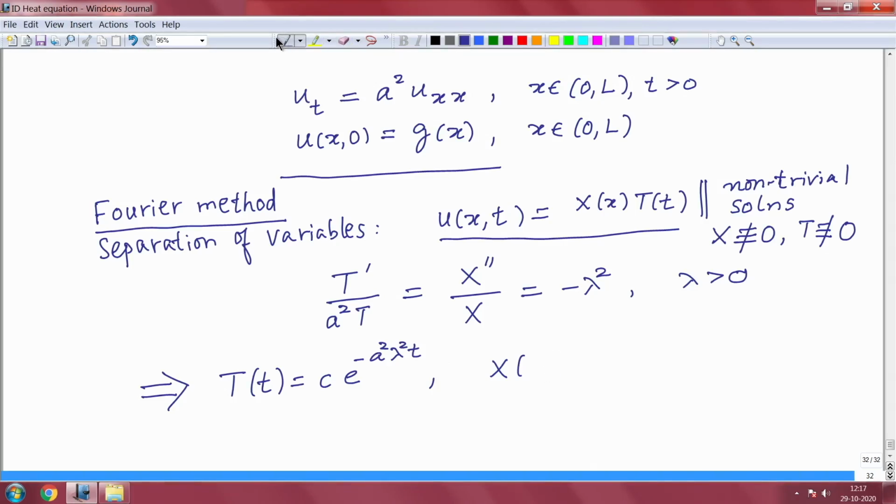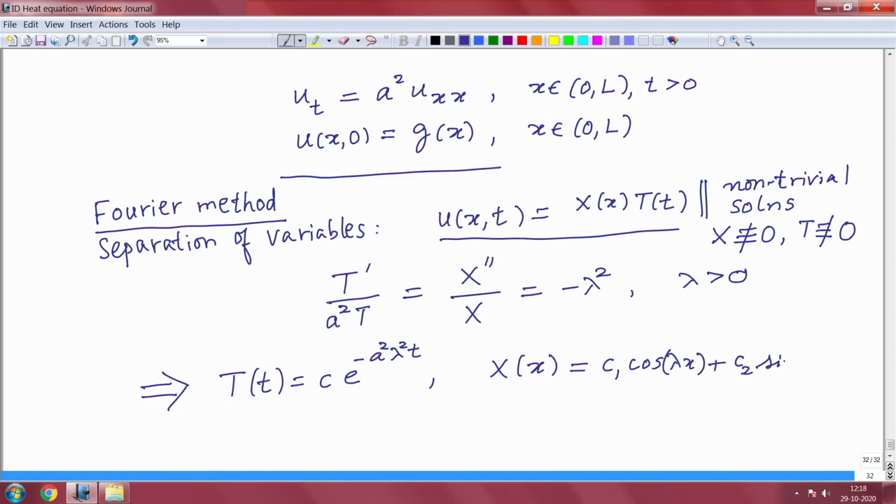So these will be the common features for all the boundary conditions we consider, and we have to only see which boundary conditions give us non-trivial solutions.